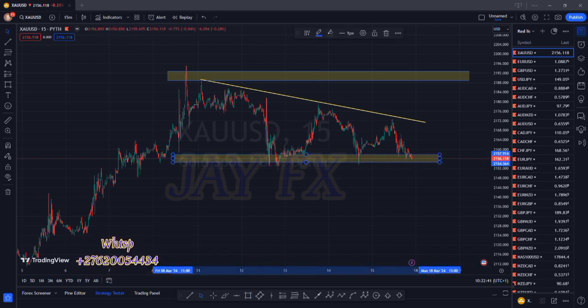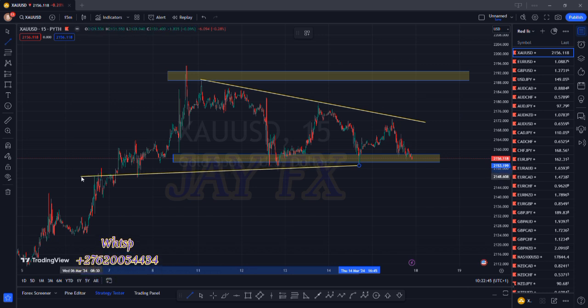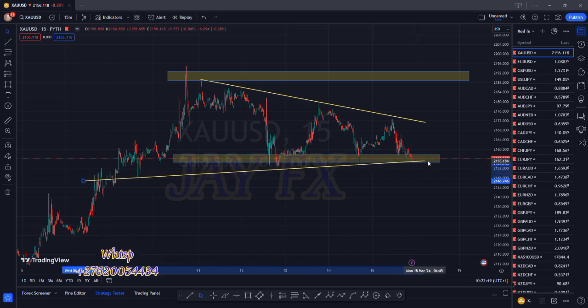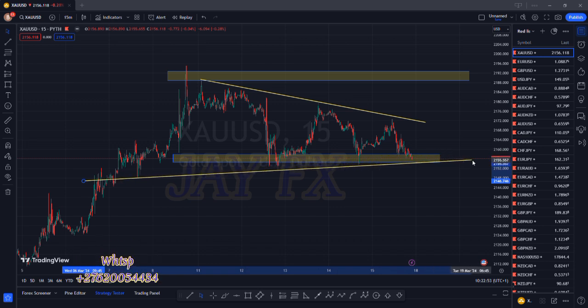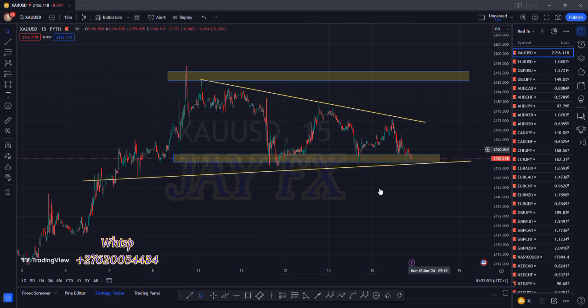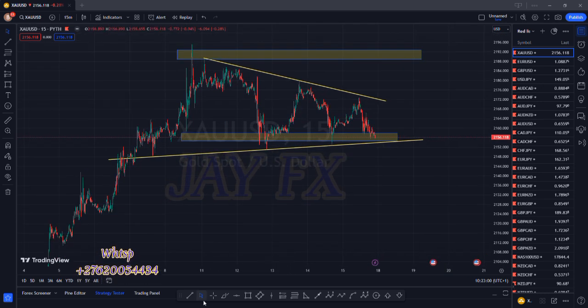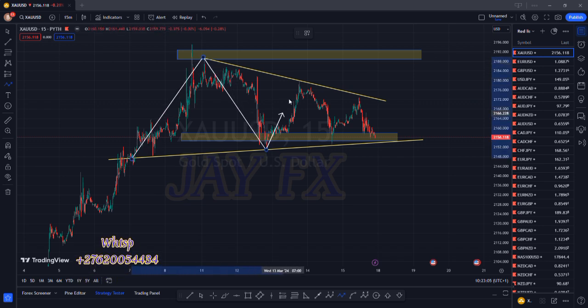So clearly we still have even our trend line from down. Don't mind how I'm drawing them. You can draw them any way, as long as you understand what I'm trying to do. So the same thing is still the situation here.